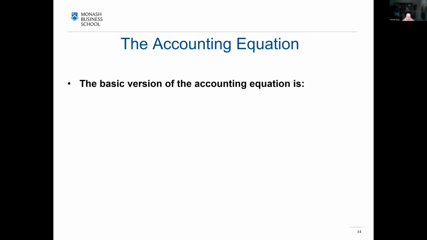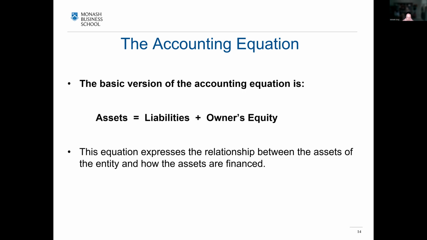Now, in order to record transactions into our accounting book and prepare journal entries, we need to know how the accounting equation works. This is something that I briefly touched on last week, and this is the concept you need to understand and be able to use for the rest of the semester.